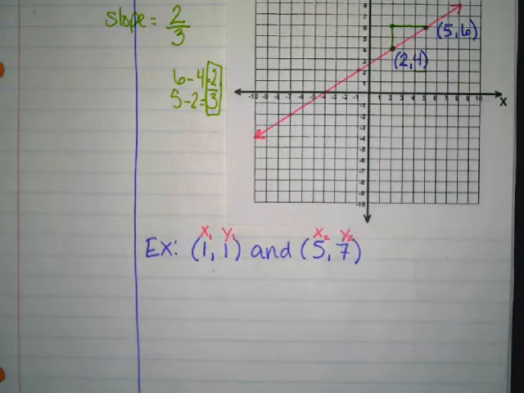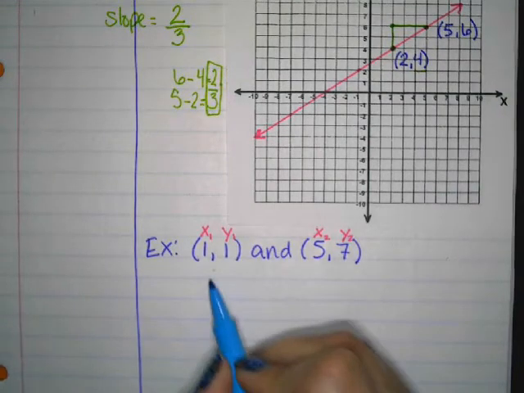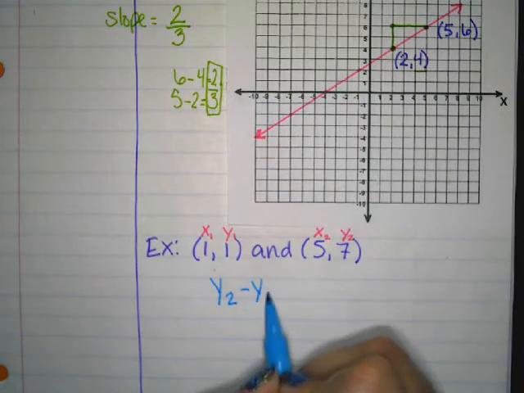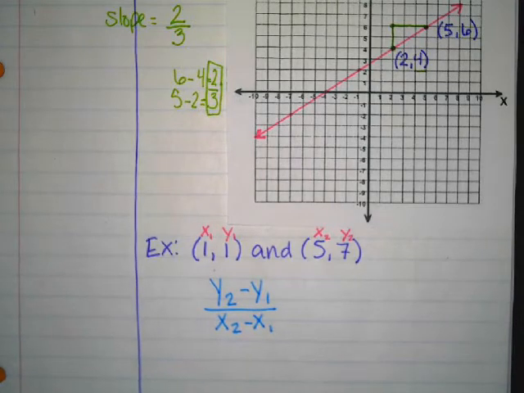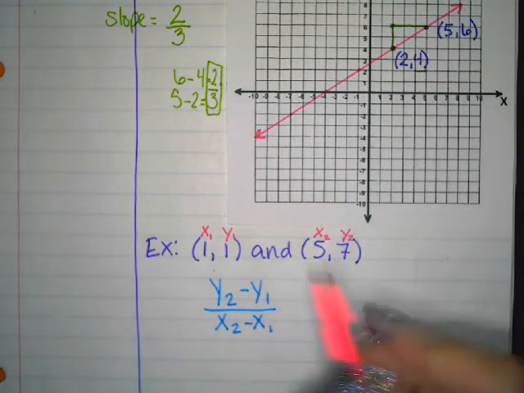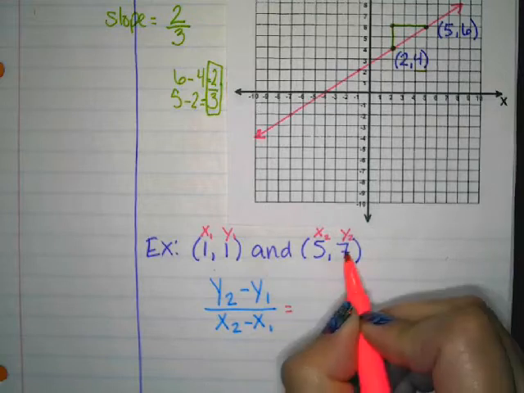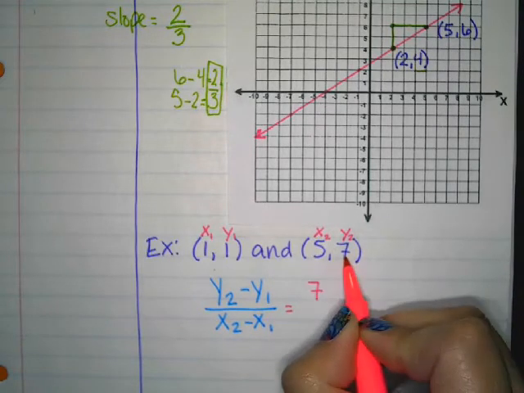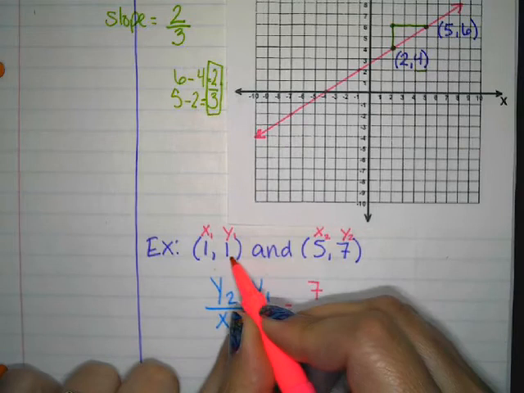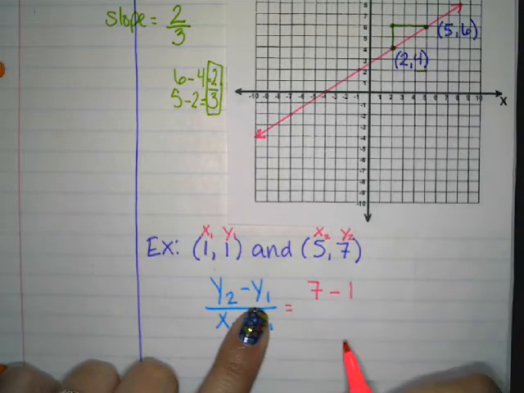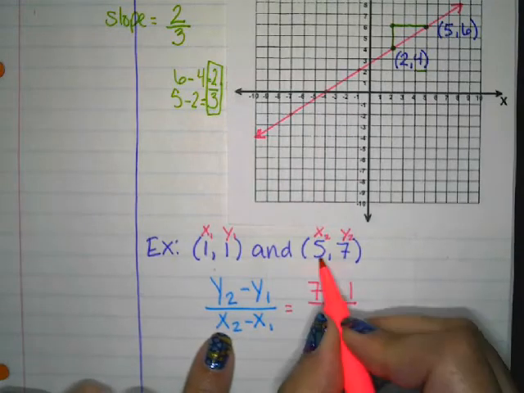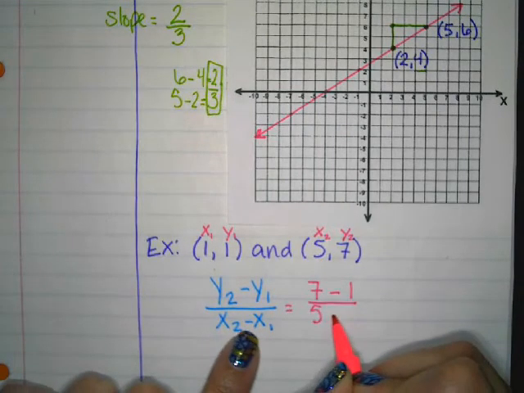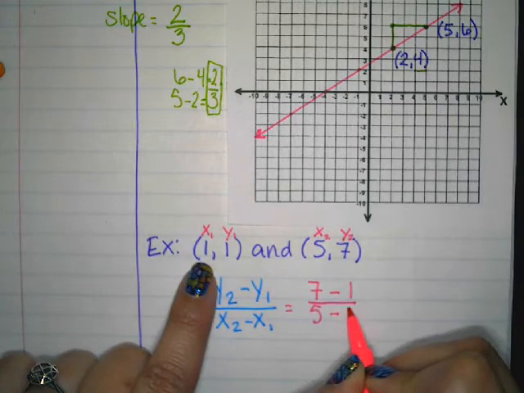Now we're going to rewrite that equation so we know where to substitute. Our equation was y2 minus y1 divided by x2 minus x1. Now we substitute in those points. My y2 value is 7. My y1 value is 1, so minus 1. Divided by my x2 value, which is 5, minus the x1, which is 1.